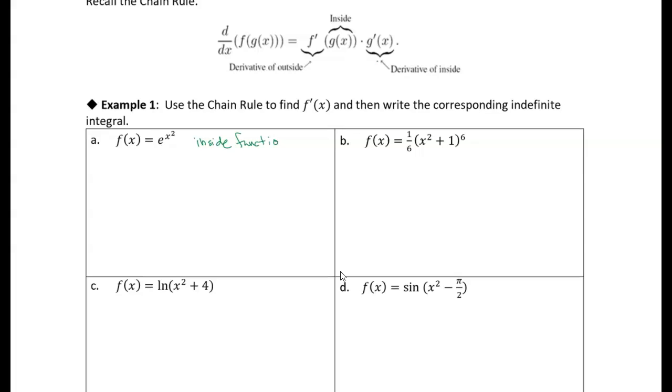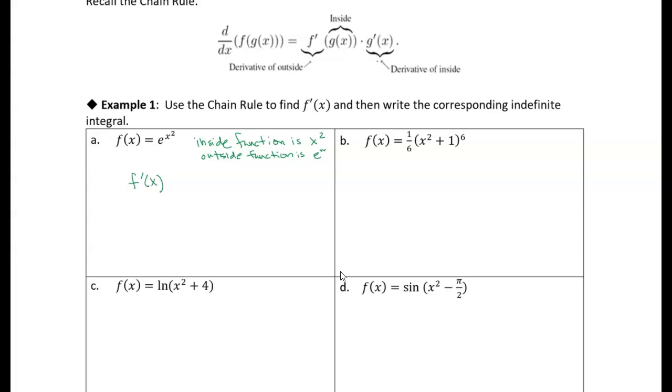And the outside function is e to the x, or we could say e to the w, or whatever. It's the exponential there.